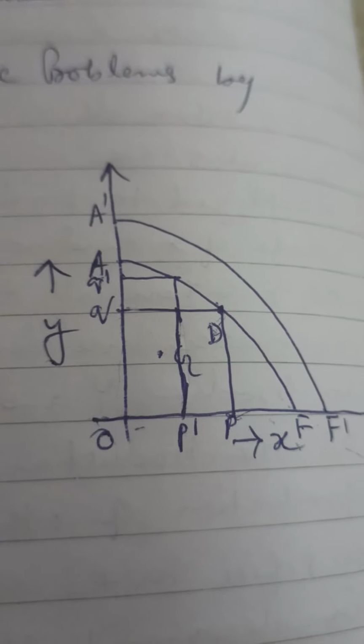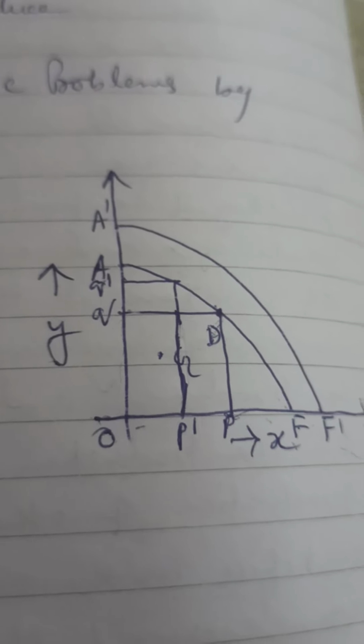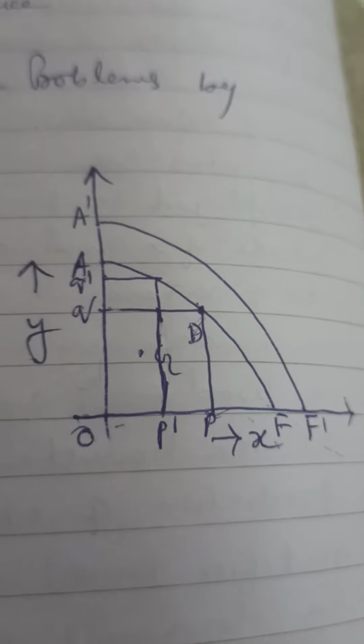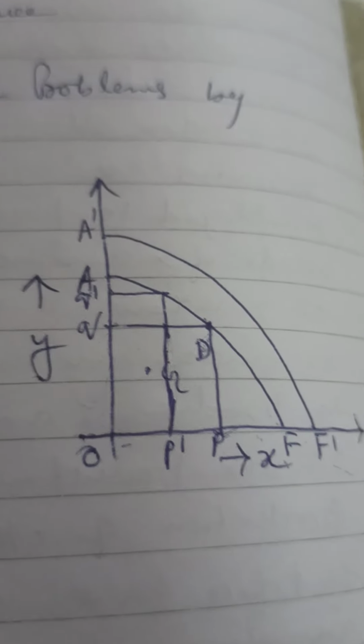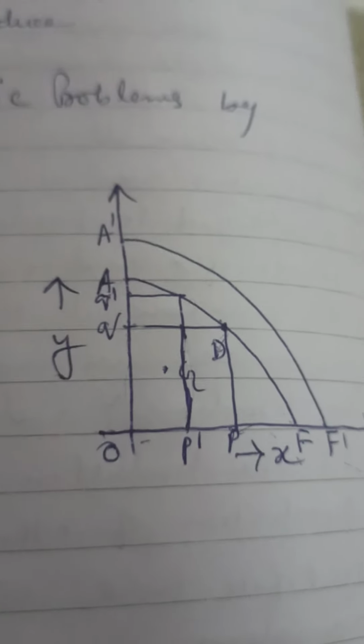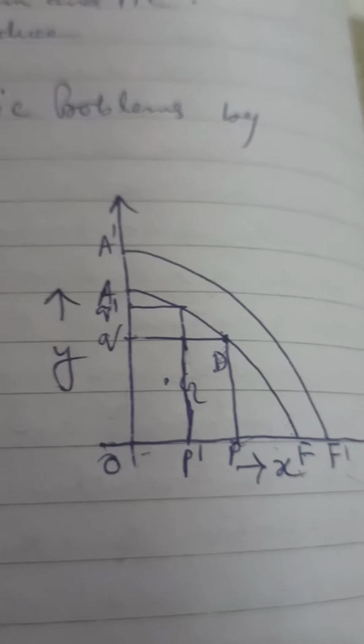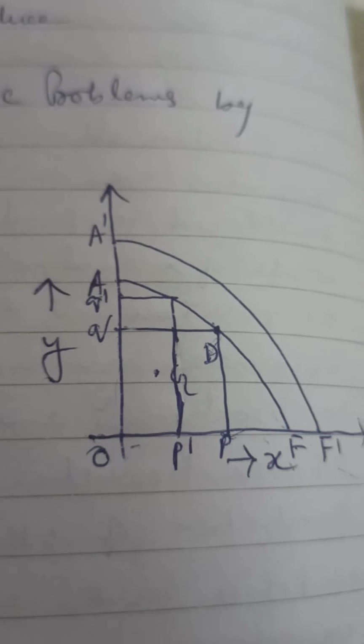So here comes the question of how we will allocate the resources to produce OP amount of X and OQ amount of Y. This is our basic problem of what to produce, and it is the problem of allocation of resources.